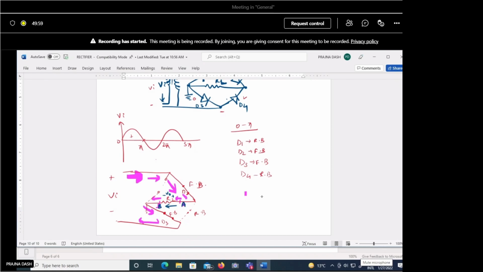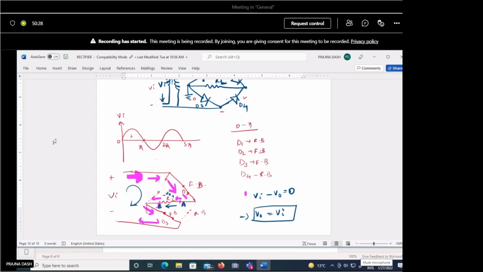Negative to positive, plus Vi. The voltage drop across the diode we consider 0 as we are considering the ideal one. If it is silicon then a 0.7 drop will be there. So for the ideal case it is 0. Positive to negative, minus V naught, again equal to 0. So V naught is equal to Vi for the positive half cycle.